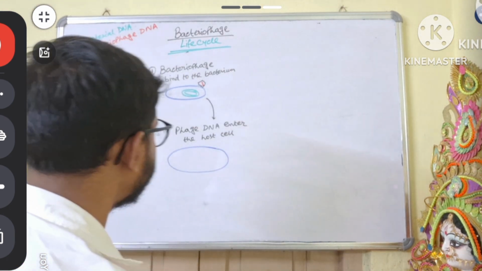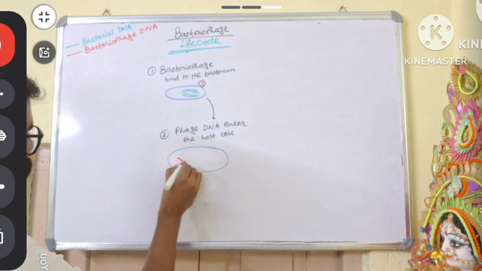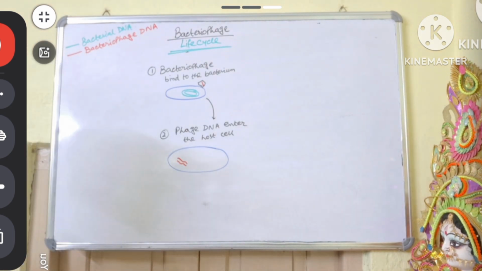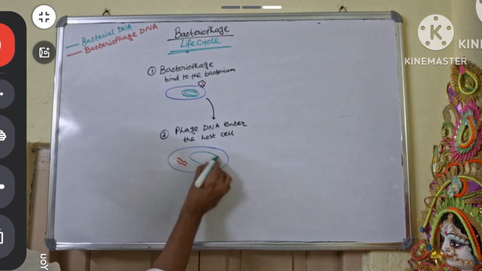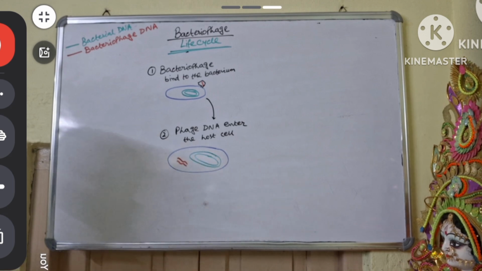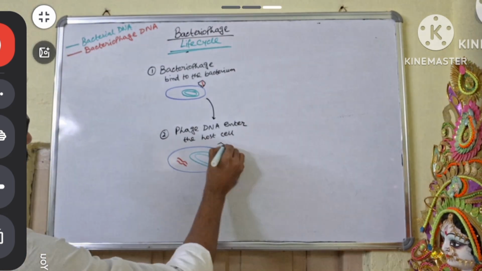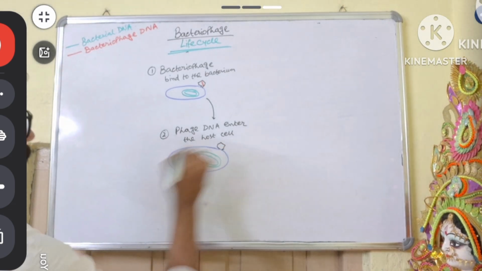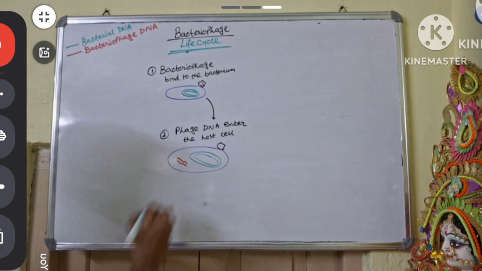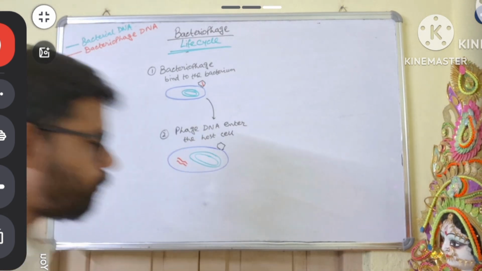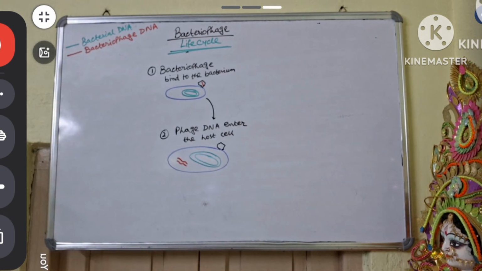Only the DNA part is entered, and outside the host, the protein structure remains there. There is no gain of entry of the outside structure. Only the red color portion, meaning DNA, is entered. Point clear? Diagram clear?